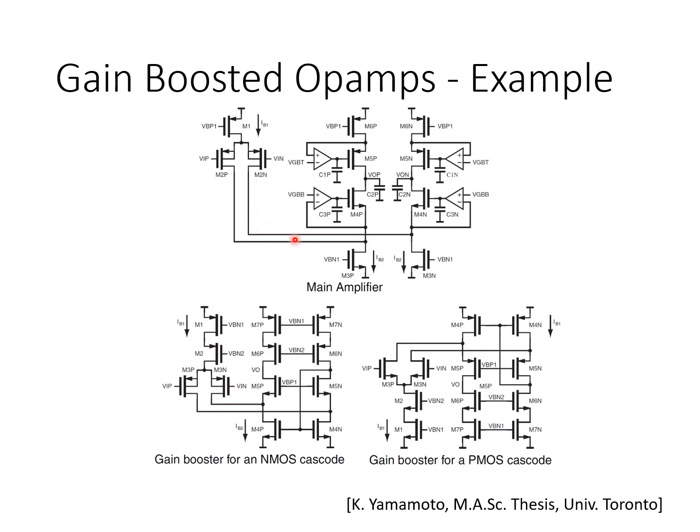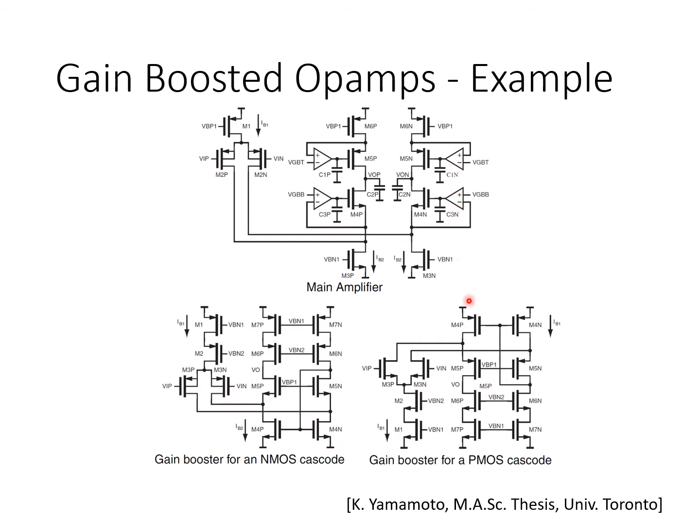And for the folded Cascode transistors, M4P and M4N, they also have gain boosting amplifiers here. So there's gain boosting on both sides of the op amp, enhancing the DC gain of the amplifier significantly.